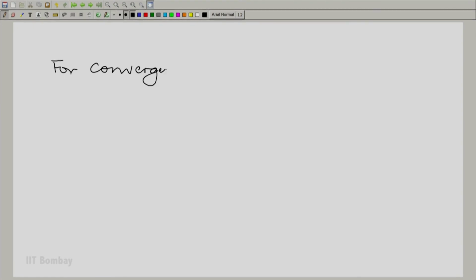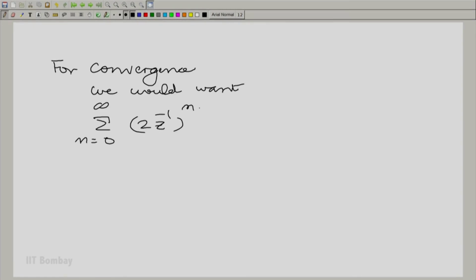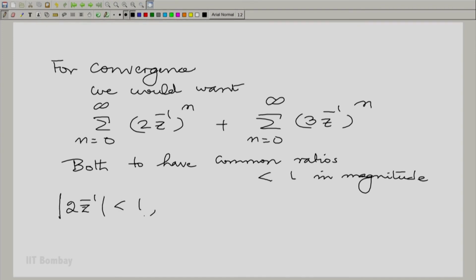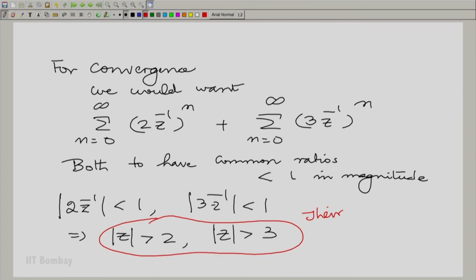So, for convergence, both need to have common ratios less than 1 in magnitude, which means mod 2z inverse needs to be less than 1 and mod 3z inverse needs to be less than 1, implying mod z needs to be greater than 2 and mod z also needs to be greater than 3. We need the intersection of these two as before, in the case of the Laplace transform also. And what is their intersection? Of course, their intersection is mod z greater than 3.